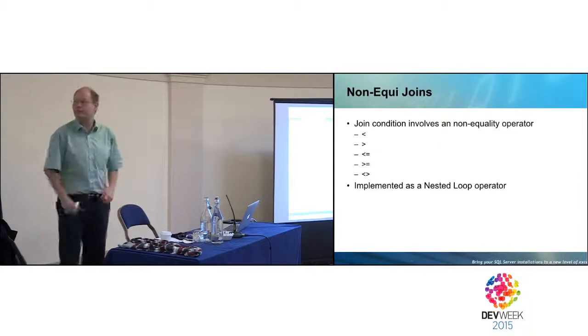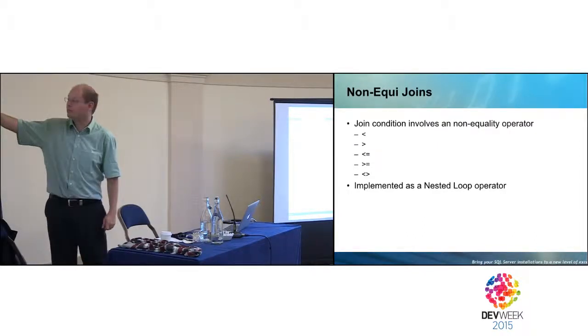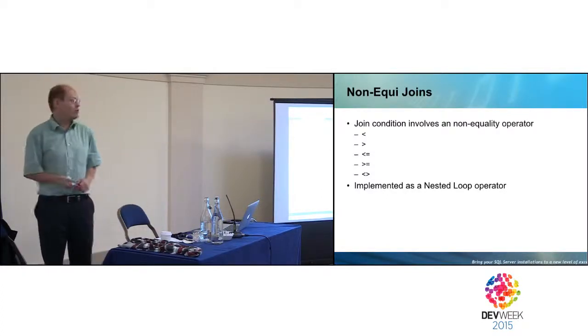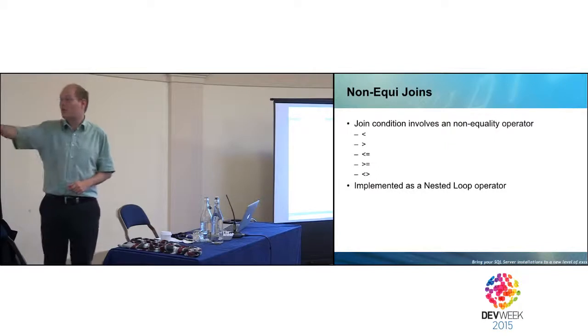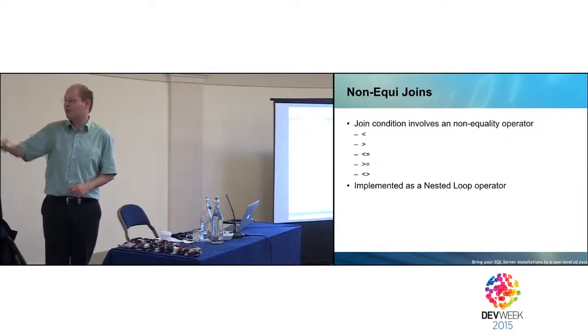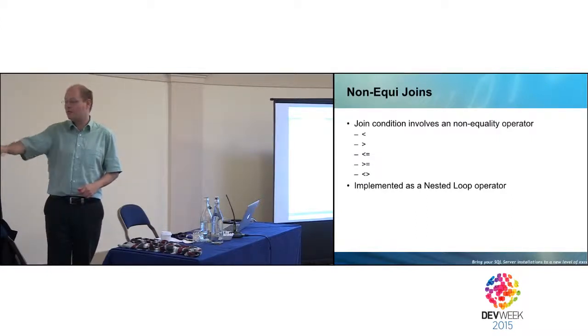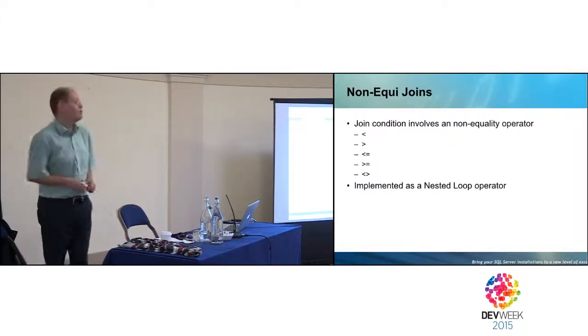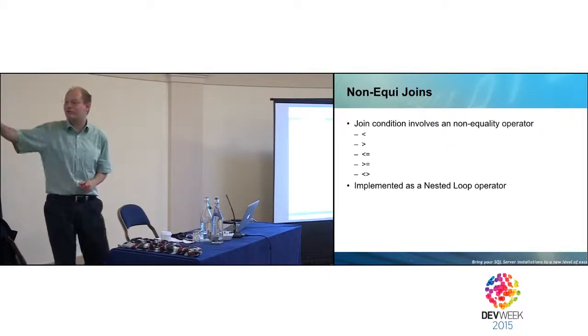We say that ID smaller than that ID. 1 smaller than 1, no. 1 smaller than 2, yes. We have a result. 1 smaller than 3, yes. 2 smaller than 1, no. 2 smaller than 2, no. 2 smaller than 3, yes. And we are finished. That's our result from that non-equi join.